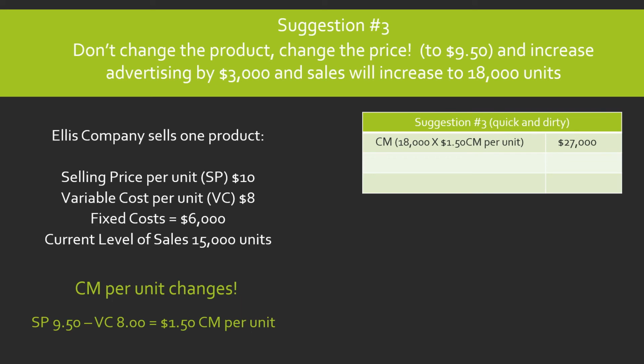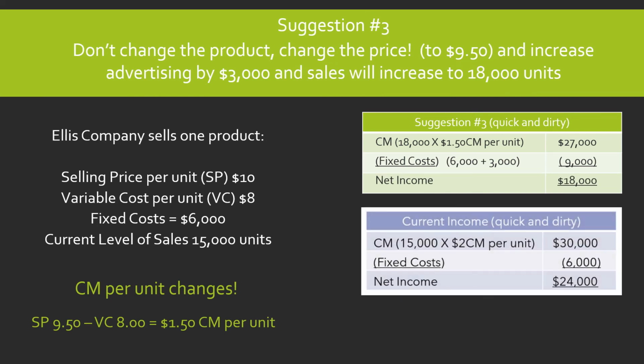Now, fixed costs were $6,000, but they want us to increase the advertising by $3,000. So that's going to bring our fixed cost to $9,000. When I subtract this out, this will give us a net income of $18,000. I currently make $24,000. I'd be a fool to pick up suggestion 3. Suggestion 3 is a dud and we should ignore it.